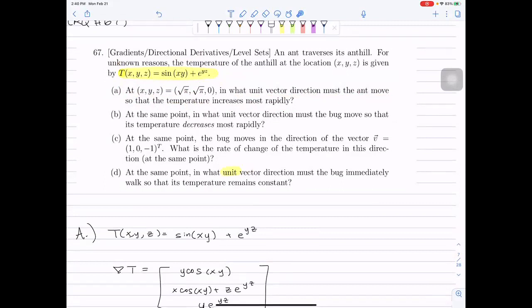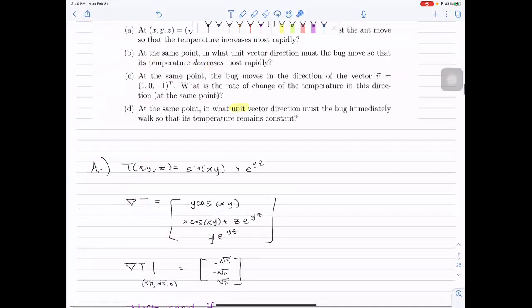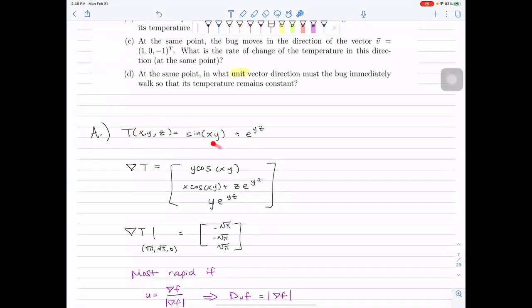And in order to use this definition, what do we need? We need the gradient, first of all. So let's find the gradient. So let me do the gradient on my iPad. So this is our function. The gradient, this first value should be the partial of T with respect to x, then the partial of T with respect to y, and the partial of T with respect to z.